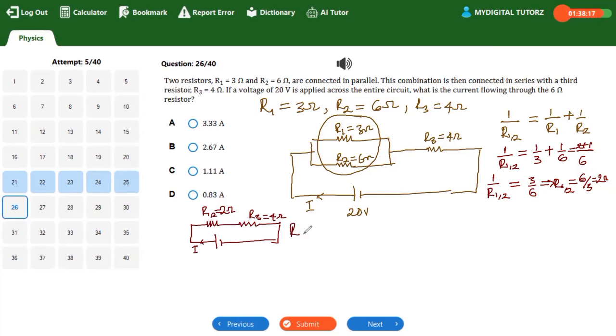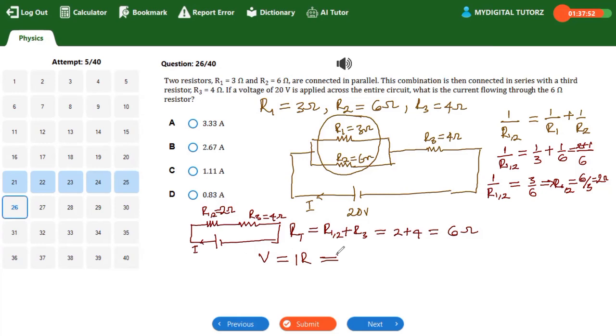So the entire resistance of the whole circuit, R total, will now be equal to R1,2 plus R3, which is equal to what? 2 plus 4 to give us 6 ohms. So having gotten our R total, we now apply our Ohm's law, which is V equal to IR.